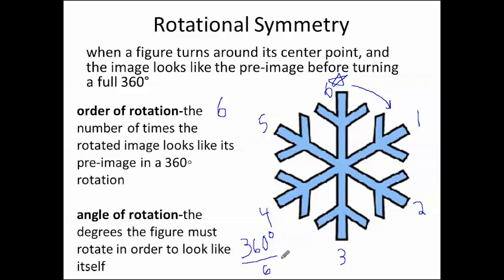So 360 divided by 6 is going to give us 60 degrees. So here, the angle of rotation for this snowflake is 60 degrees. So every time I rotate it 60 degrees around the center, it is going to look exactly like it did before. And I can do that a total of 6 times, the order of rotation, before it's back where it started.